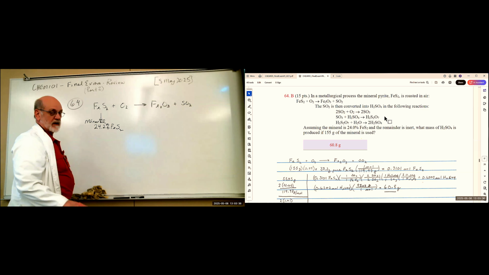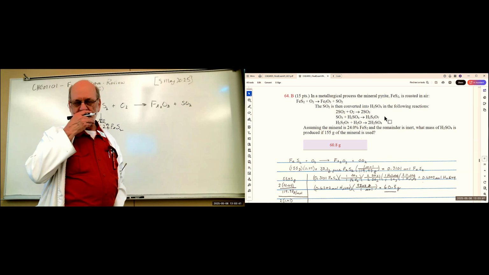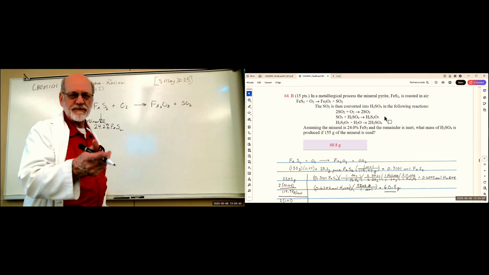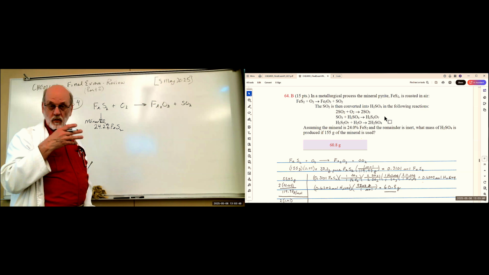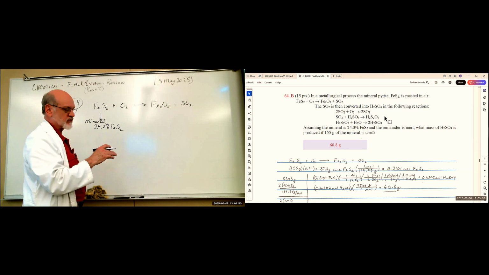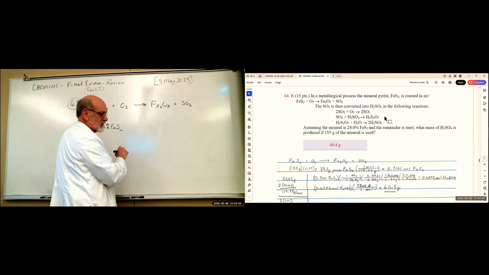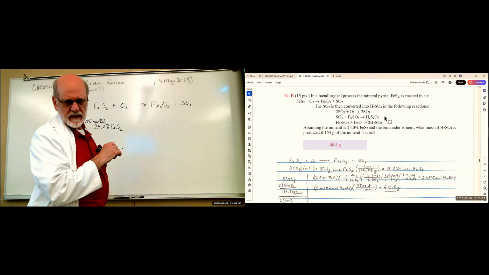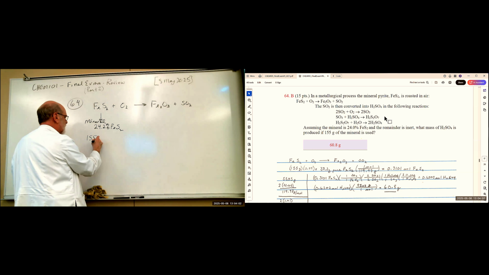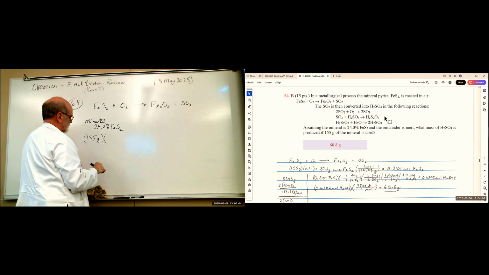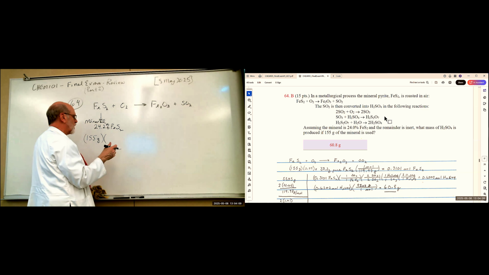Well, look at it this way. All right, let's find out how much actual FeS2 is going into the reaction. That's essential. So 24.2% of 155 grams of the mineral, and we can do it one of two ways.